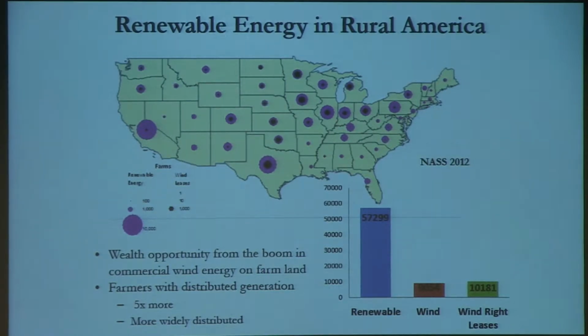And as you can see, not only do we have distributed generation on more farms, but it is also a lot more widely distributed throughout the United States. Compared to about 10,000 farmers that have wind right leases, we have about 60,000 farmers that have distributed generation on their farms.